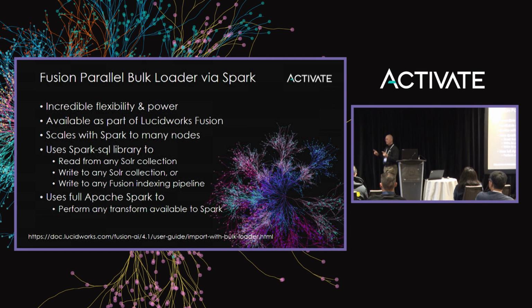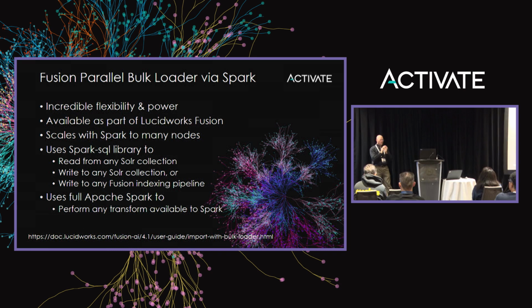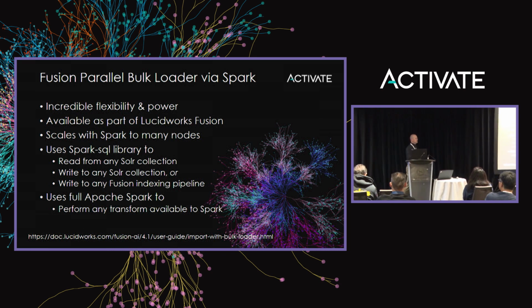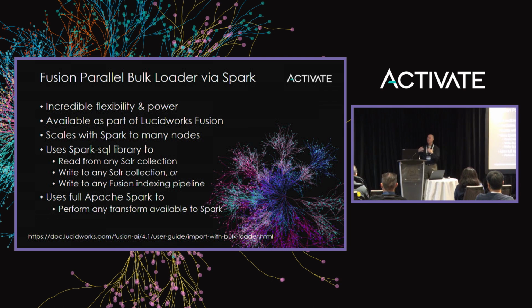And if you are interested in the capabilities that Spark libraries bring, like the machine learning libraries, like the graph libraries, like any of that sort of thing, then this is potentially a great solution because you can do some pretty amazing transformation in Spark.